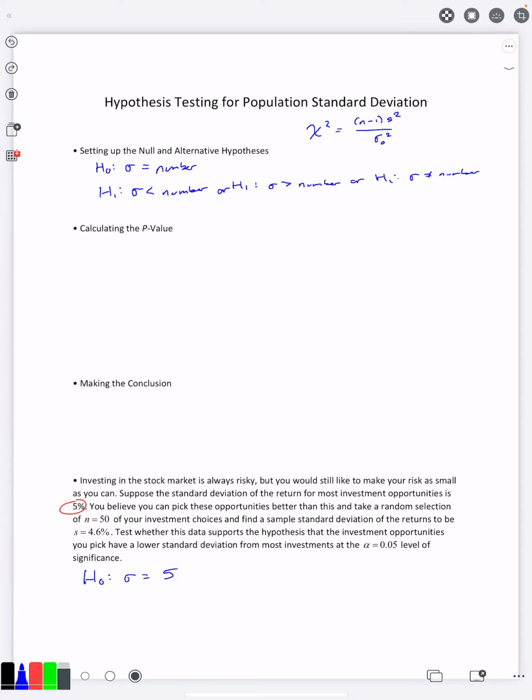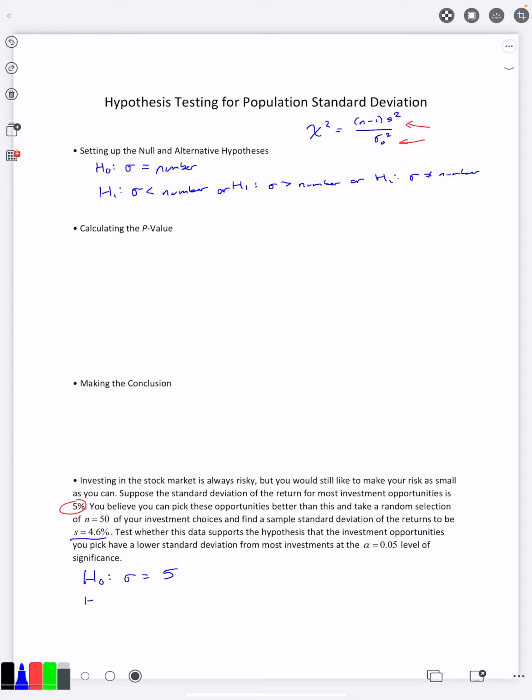It just means whether you're going to use s equals 4.6 or s equals 0.046. If you look up here in the formula, you're going to be dividing those two numbers. So as long as you use them in the same form, if both are in decimal, 0.05 and 0.046, or if both are in percents, 5 and 4.6, it'll still work out anyway.